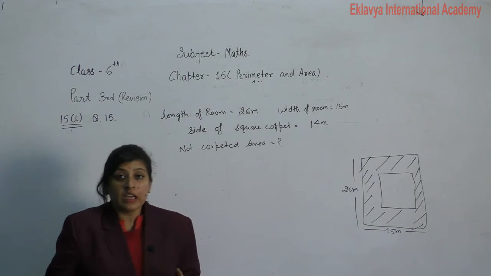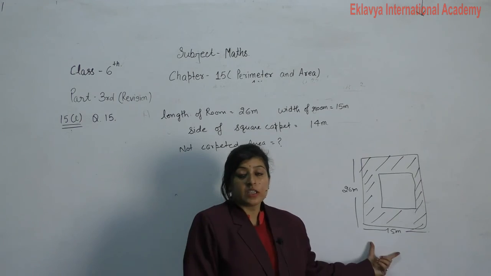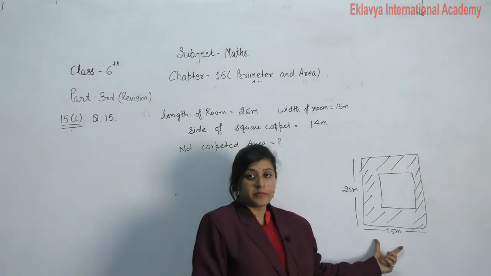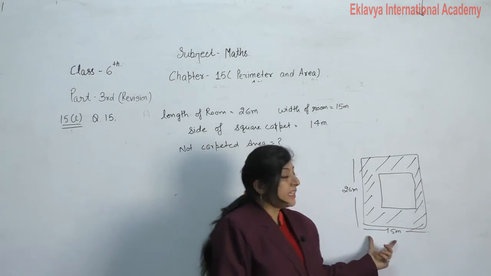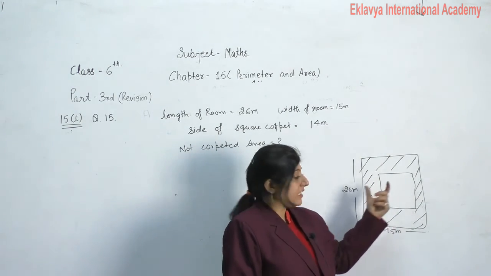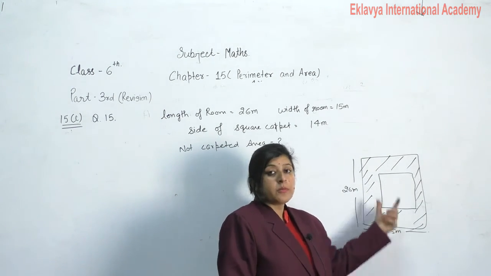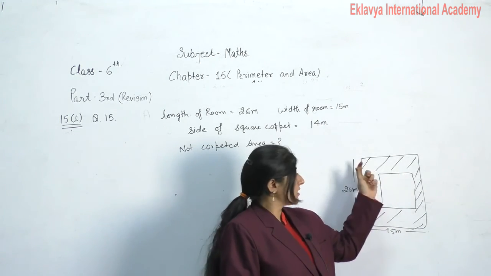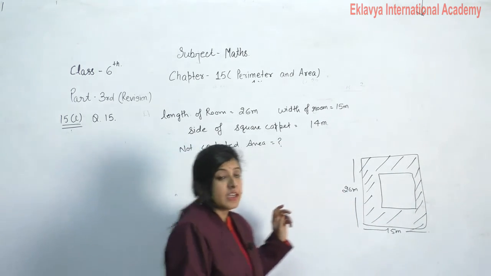What we will do? Firstly, we will find out the area of floor of a room. Then we find out area of carpet. Then area of floor of a room minus area of carpet is equal to not carpeted area.